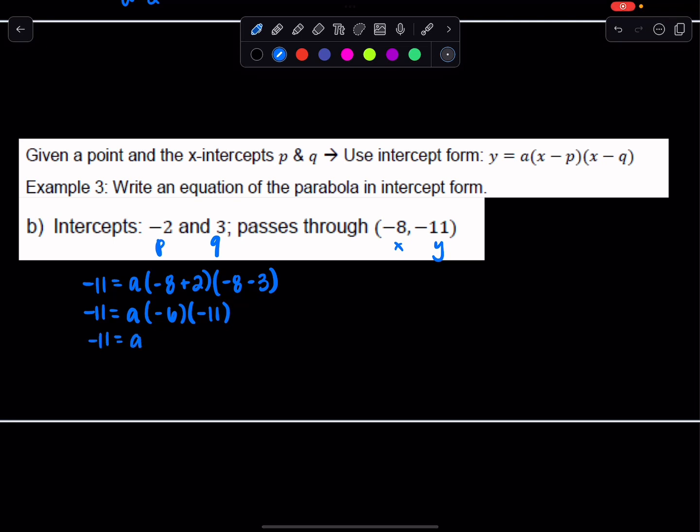Negative 11 equals a times positive 66. Divide both of those by 66. And then to simplify that, I know I can divide both of these by 11. So negative 1 over 6 is a. So y equals negative 1 over 6 times (x plus 2) times (x minus 3).